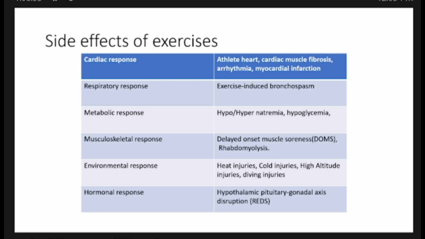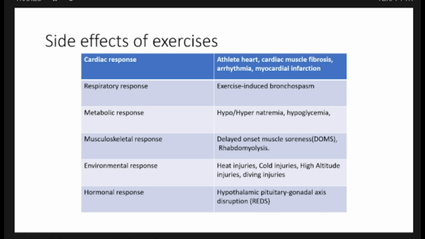Right. So when we talk about the side effects, take the heart: athlete's heart. When you do any exercise, especially cardiorespiratory or strengthening, your heart, also being a muscle, responds and increases in size. It is not cardiomegaly, but an increase in size according to your response to the exercise.